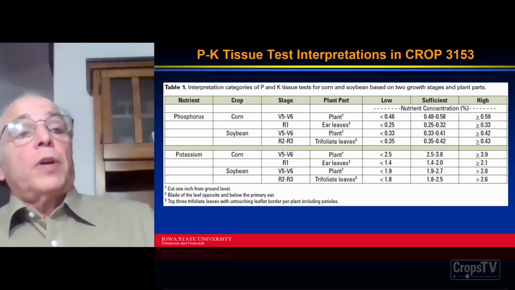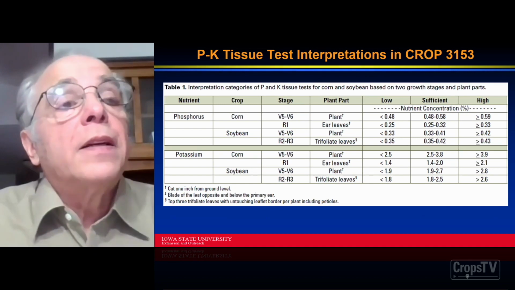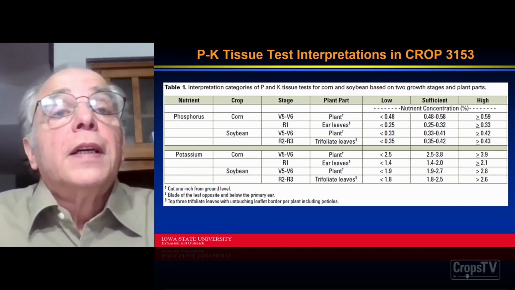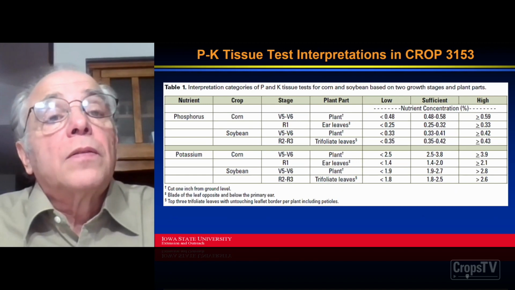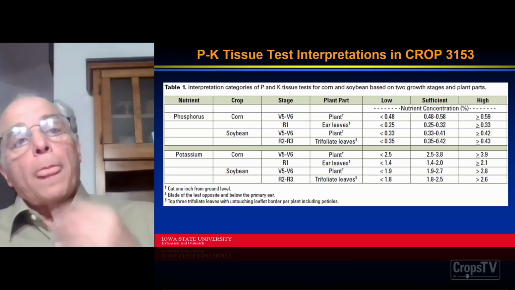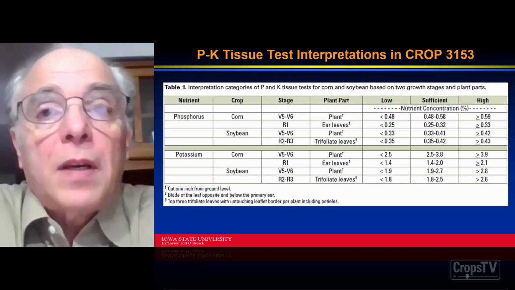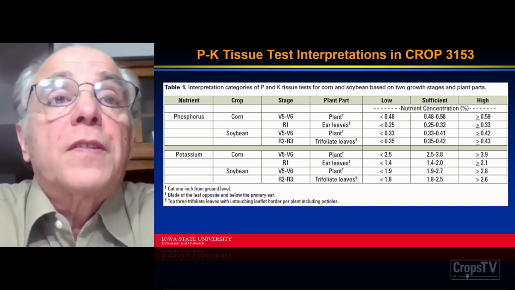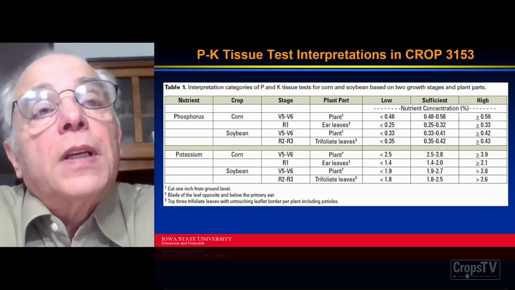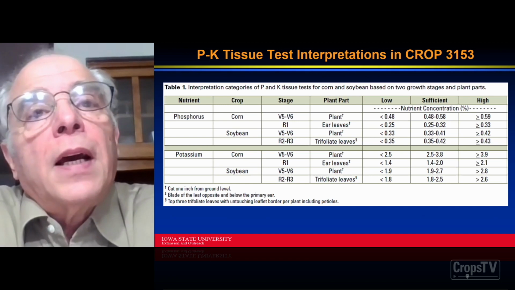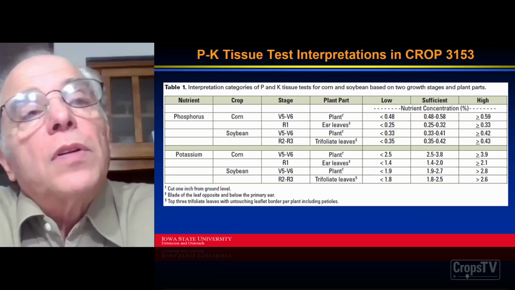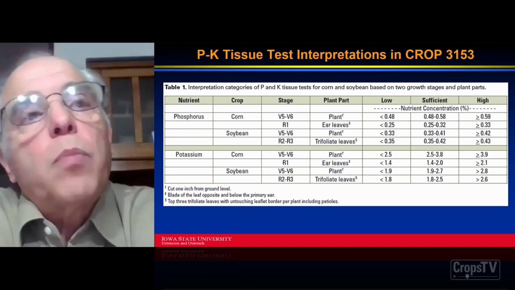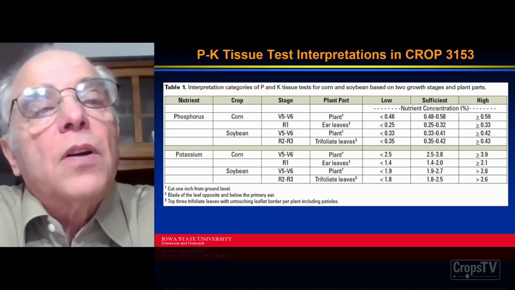I'm showing here Table 1, which shows the interpretations for phosphorus for corn and soybean, and then potassium for corn and soybean, for two sampling times and tissue parts sampled. We sampled and have this calibration with response for sampling of the entire plant at the V5, V6 growth stage.